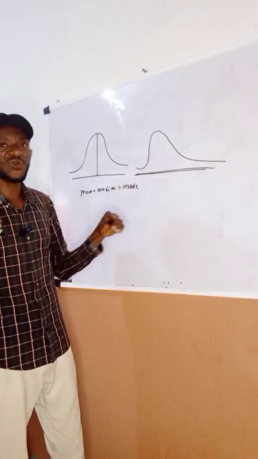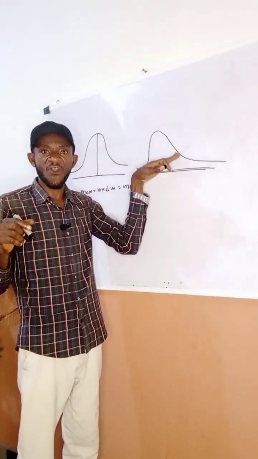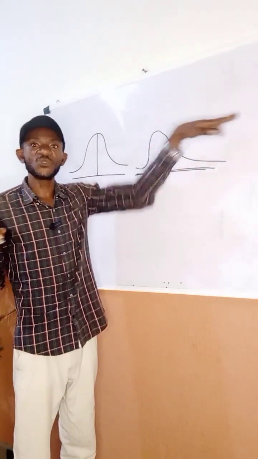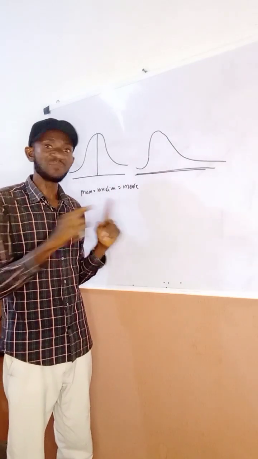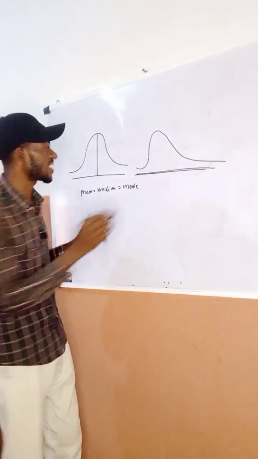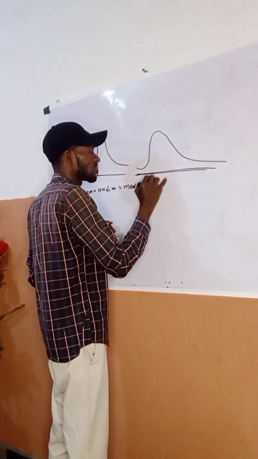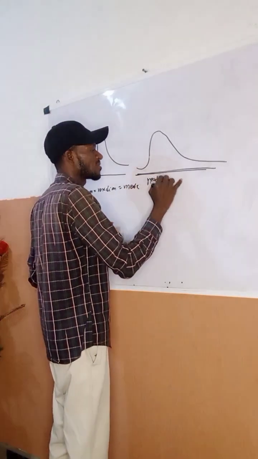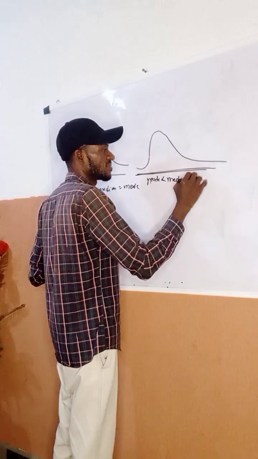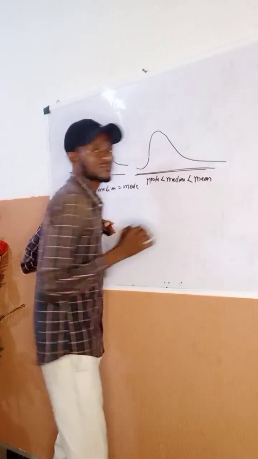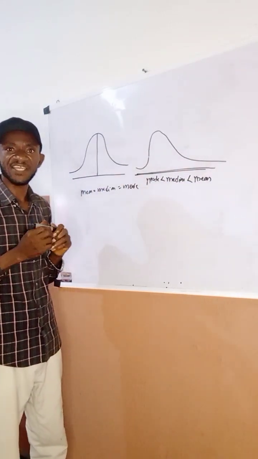We are told that when the frequency curve of a data set is skewed to the right, there is a kind of relationship that exists between the measures of central tendency. They say that mode is less than median, which is less than mean.